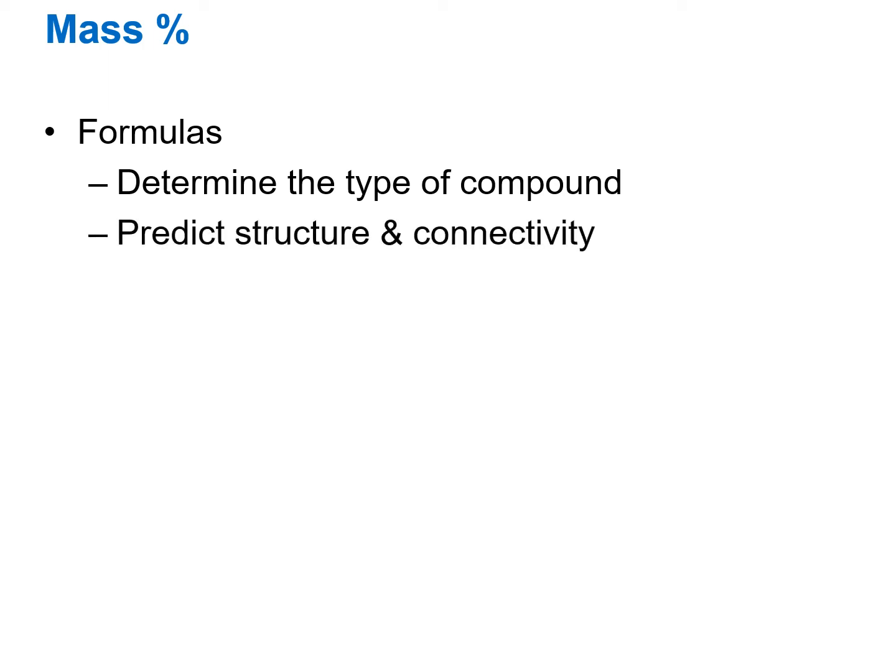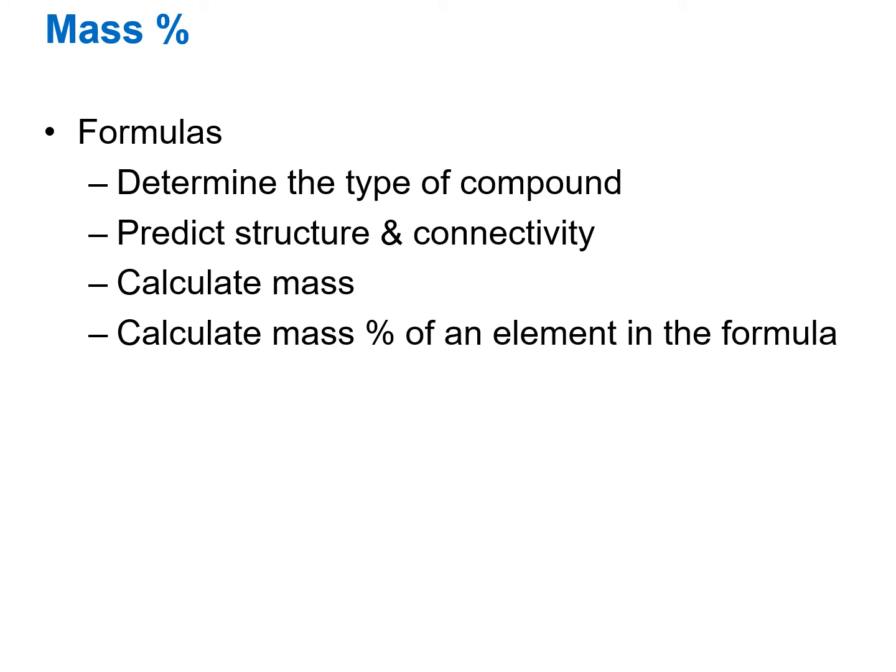It can predict the structure and the way that the elements are coming together to form that molecule, or even form the lattice structure for our ionic compound. It'll allow us to calculate the mass of a molecule, the formula mass. And we can even calculate mass percent of an element as a result of the formula.